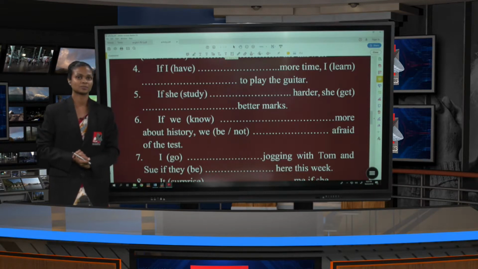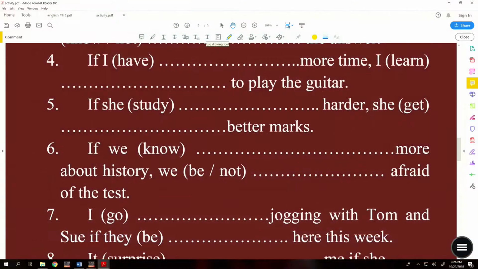Read the fourth one. If I blank more time, I blank to play the guitar. What is your answer? If plus simple past.